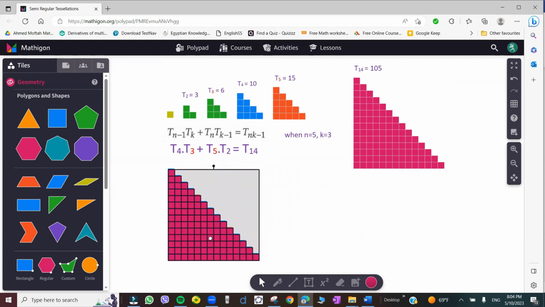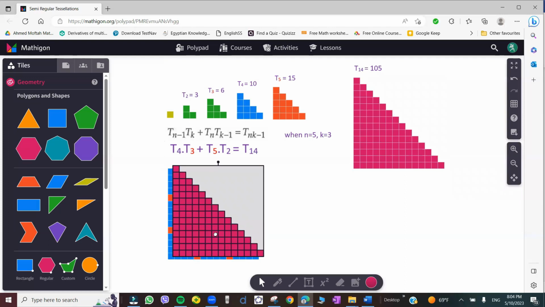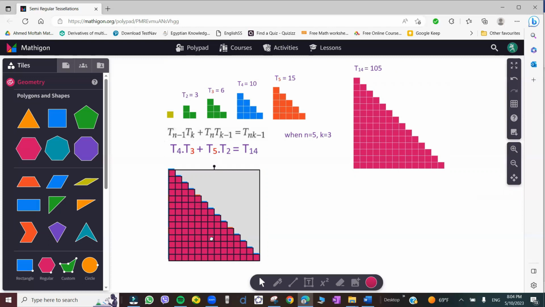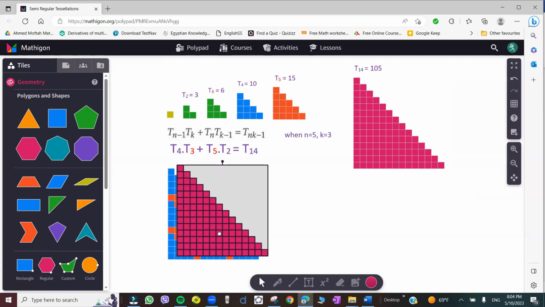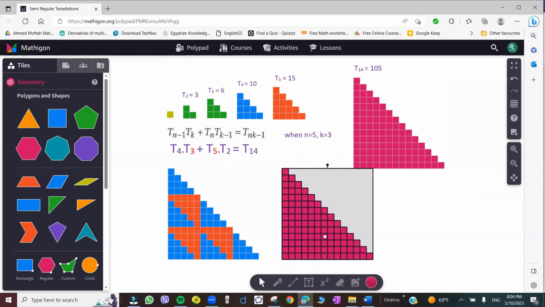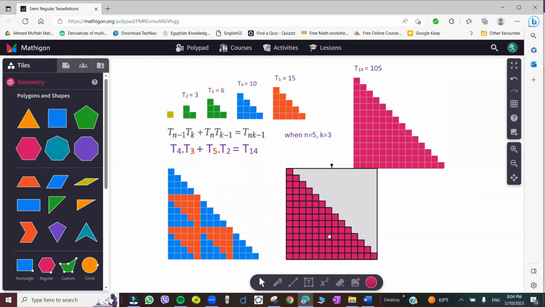And note that they are congruent. Yes. That means the left-hand side and right-hand side are the same. They are equal. That means term number 4 times term number 3, the blue parts, plus term number 5 times term number 2, the orange units, their sum equals term number 14, the red units.